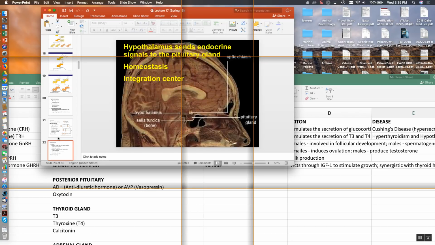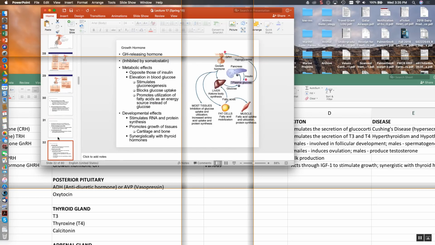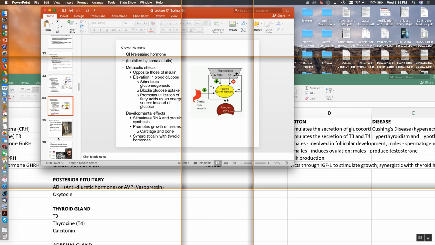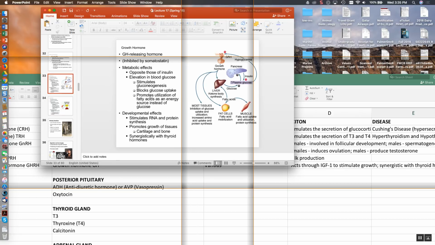It stimulates gluconeogenesis, blocks glucose uptake, so it does the opposite of insulin and elevates blood glucose levels. So it also helps to stimulate RNA and protein synthesis.